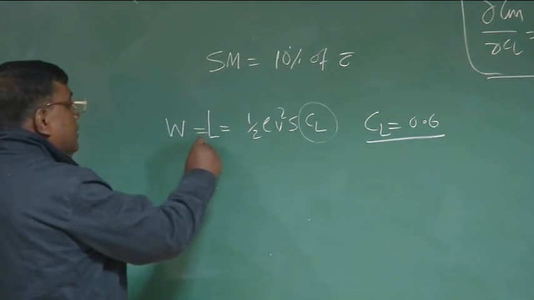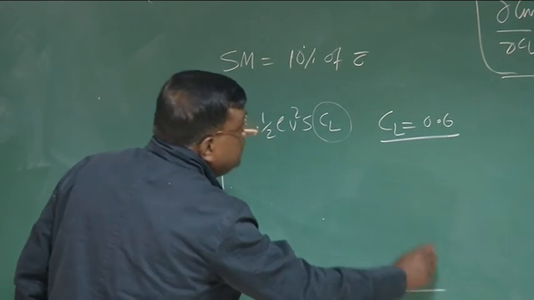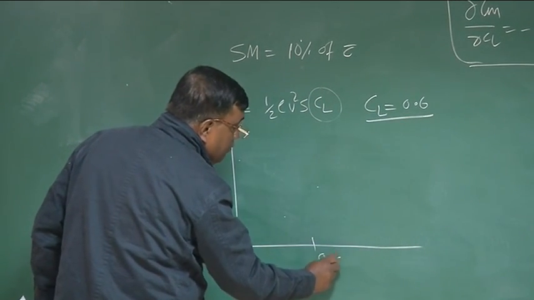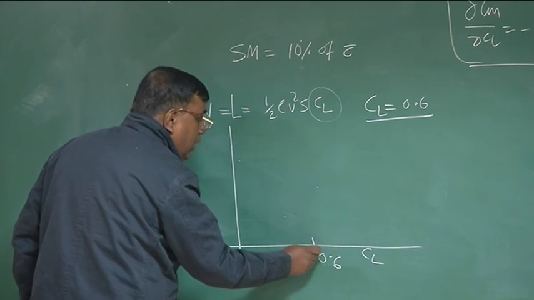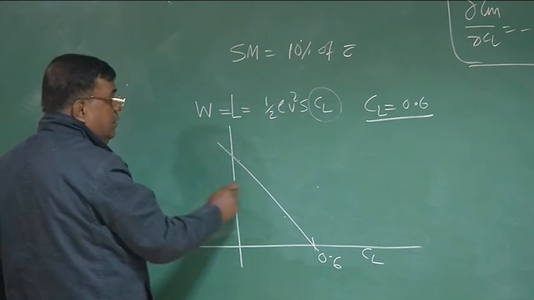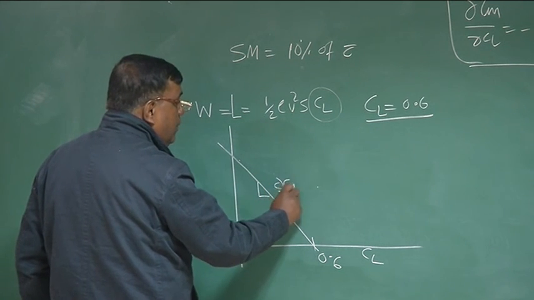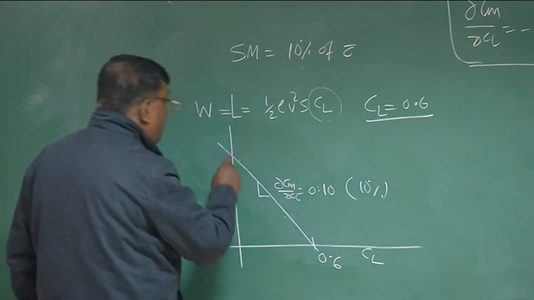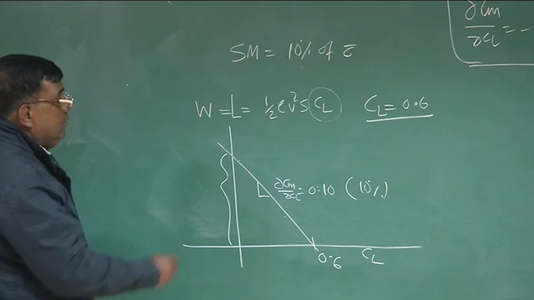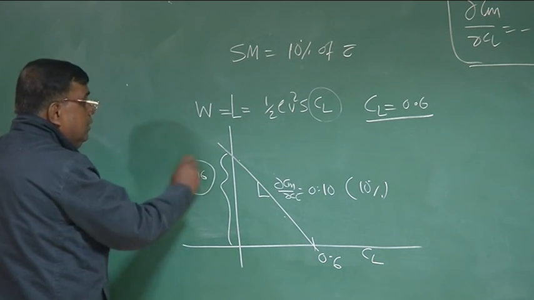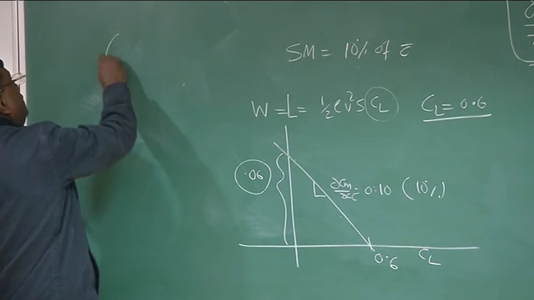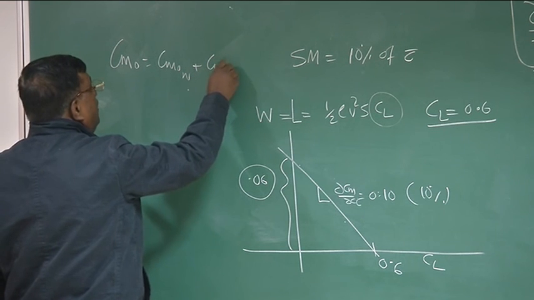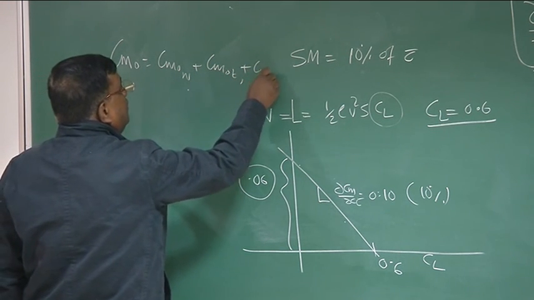So what is the meaning of this? 10% static margin, right? And CL 0.6, so I write here CL 0.6, and draw a line with slope minus 0.1. So dCm by dCl is minus 0.1 because it is 10%, and then find out what is the intercept. So this will be 0.06. Now what do I do? I know Cm naught equals Cm naught of wing plus Cm naught of tail plus Cm naught of fuselage.